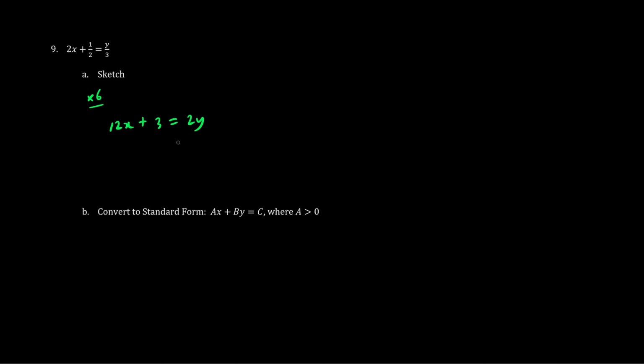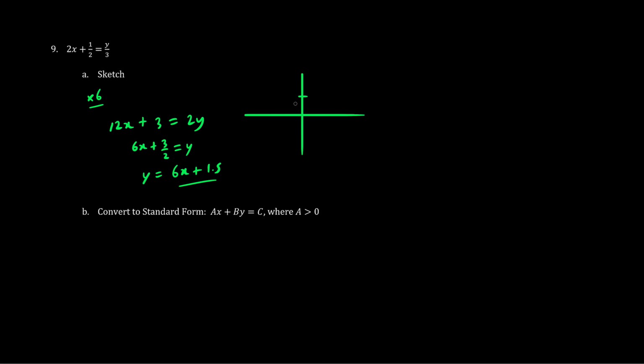And let's divide both sides by 2 now. We have y is equal to 6x plus 3 over 2, or 1.5. So now we recognize y is equal to 6x plus 1.5. This is simply slope-intercept form, and now we can sketch it pretty well.